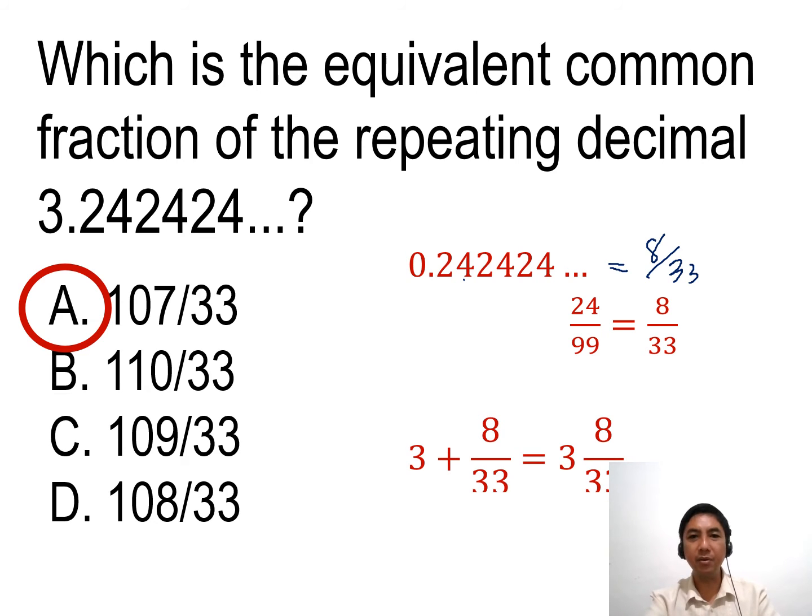Ngayon, i-add natin yung whole number. So, 3 plus 8 over 33 or just the same as 3 and 8 over 33. So, we have 107 over 33. Paano nakuha yun? 33 times 3 is 99. 99 plus 8 is 107. Then copy the denominator 33. So the answer is letter A.